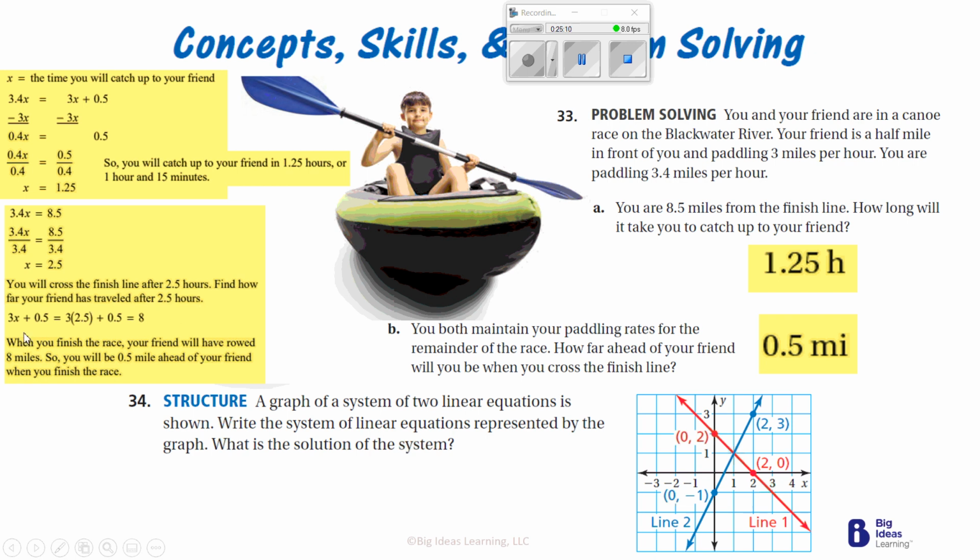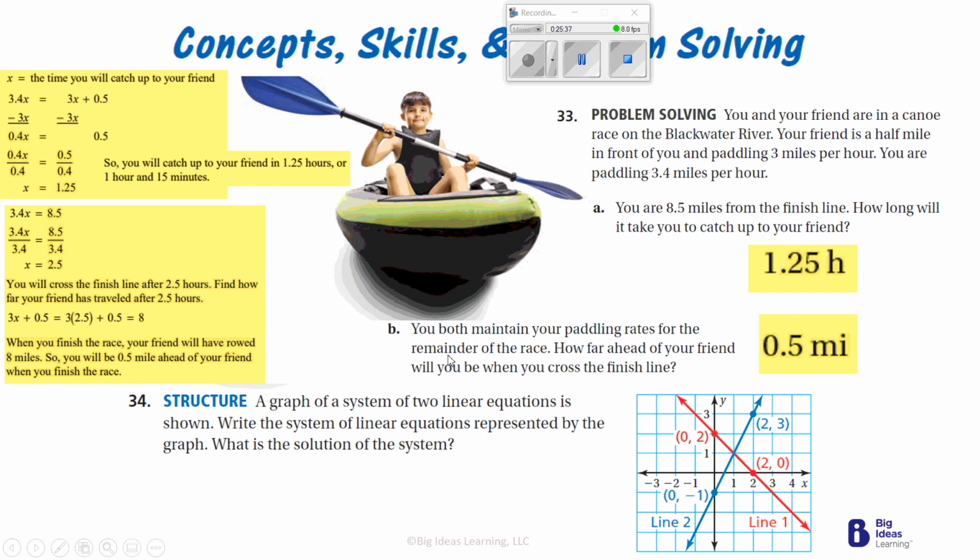Well, remember your friend is at 3x plus 0.5, so at 2.5 hours, times 3 plus 0.5 is going to be 8. All right, so when you finish the race, your friend will have paddled 8 miles. And you will be 0.5 miles ahead of your friend when you finish the race.